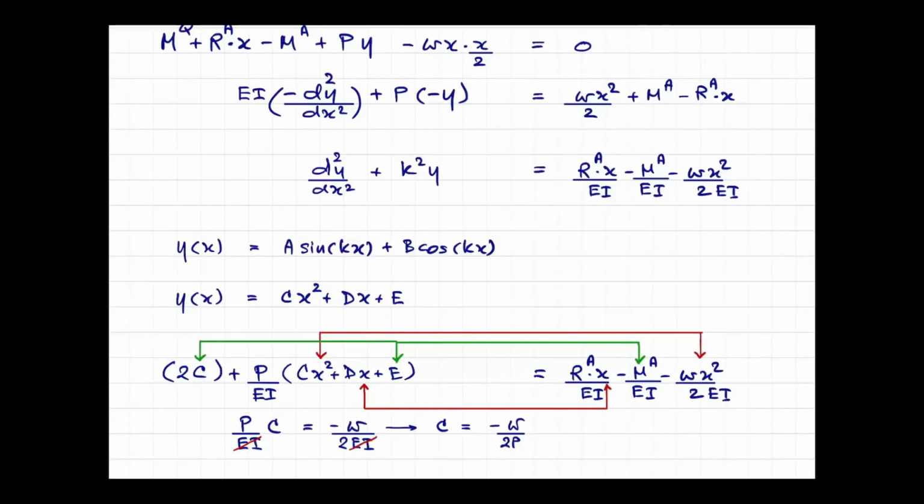How about the D? D times P over EI equals R over EI.